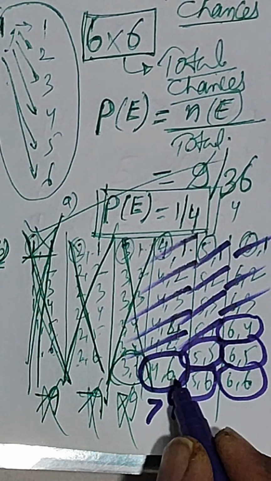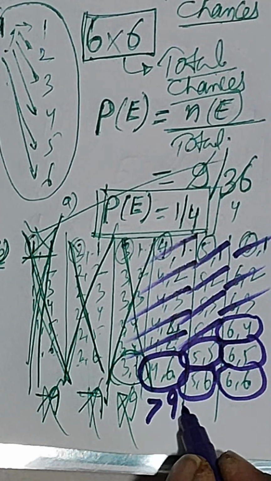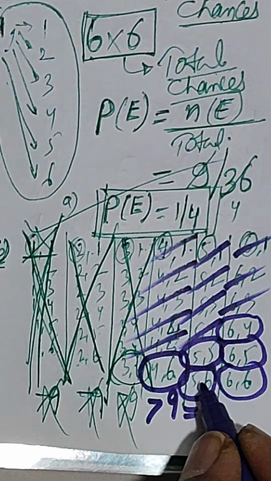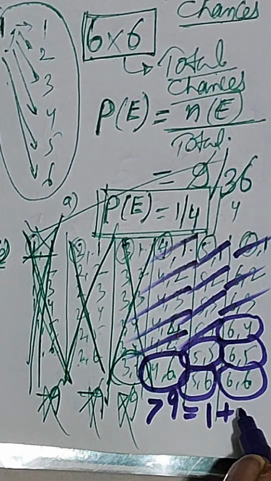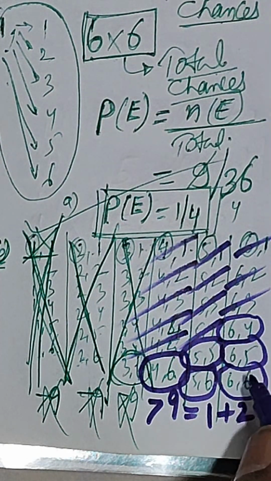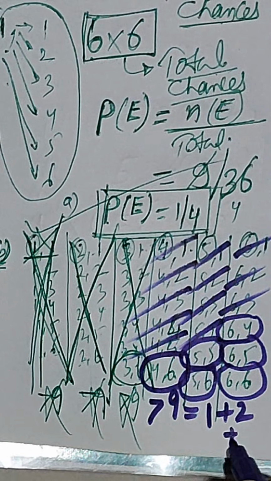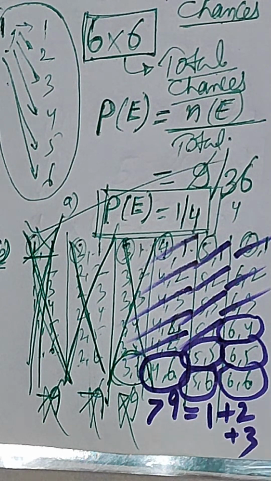So the greater than 9 options are 1 over here, plus 2 from this column, plus 3 over here. So total 1 plus 2 is 3, 3 plus 3 is 6.